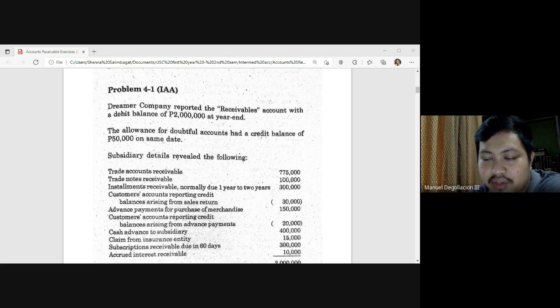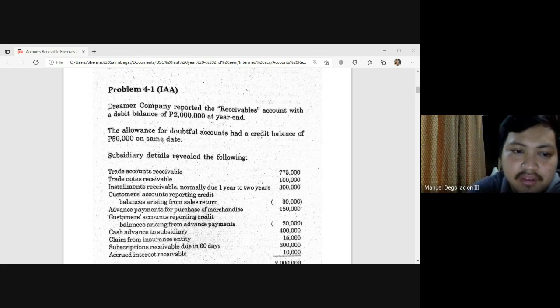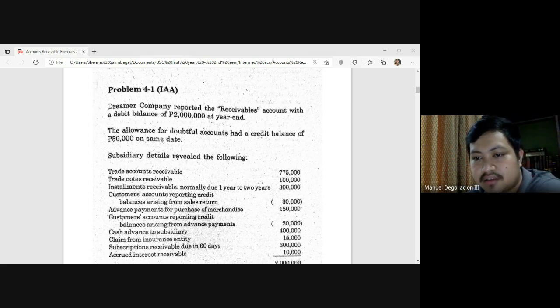But the scenario here is that the account maintained by your customers with you becomes credit, or in some sense becomes a negative amount.